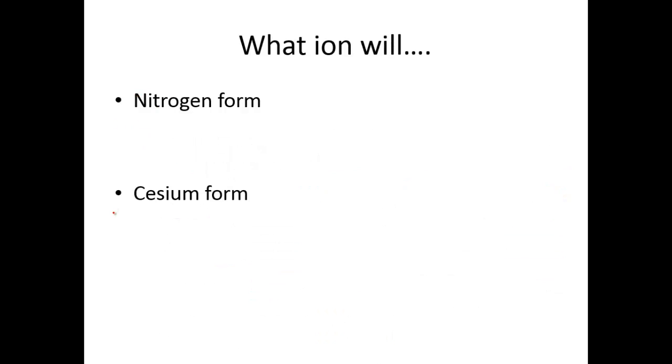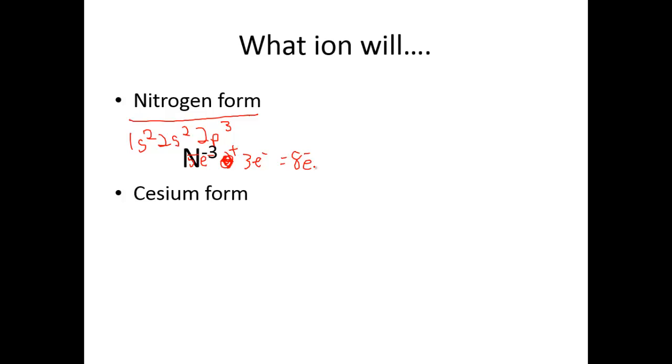For example, nitrogen. What type of ion will it form? Nitrogen is 1s2, 2s2, 2p3, so it has 5 total outer electrons. It wants to get to 8, so it needs to add 3 electrons to get to 8 electrons in its outer energy level.